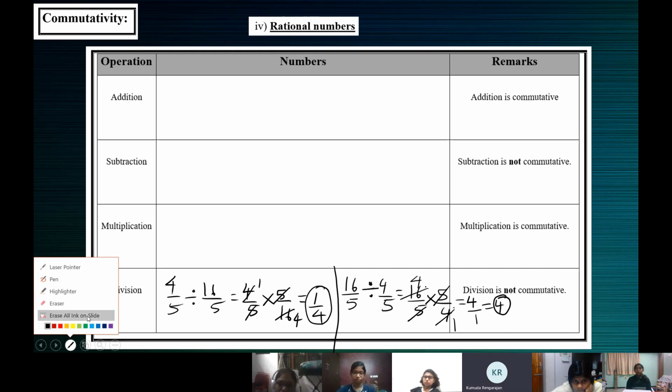So like this, you can take any two examples, any two rational numbers. I want you to check with your own numbers. If you want to take down, please take down.